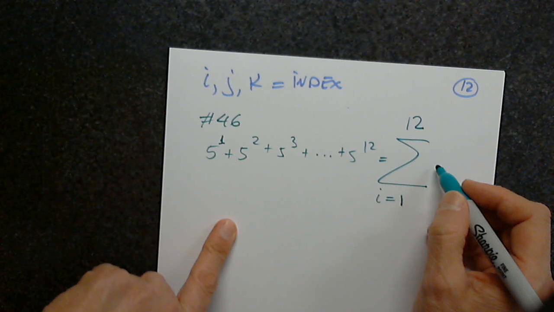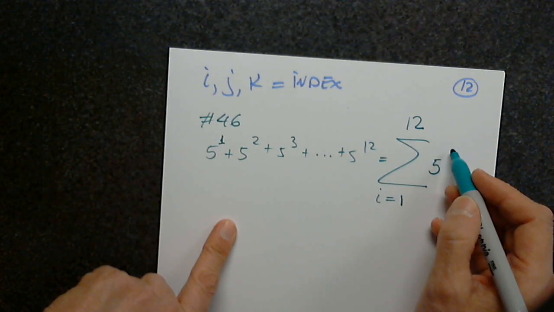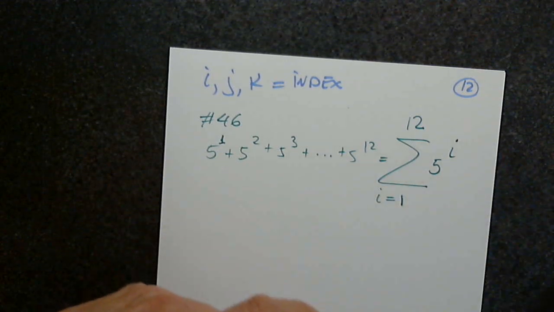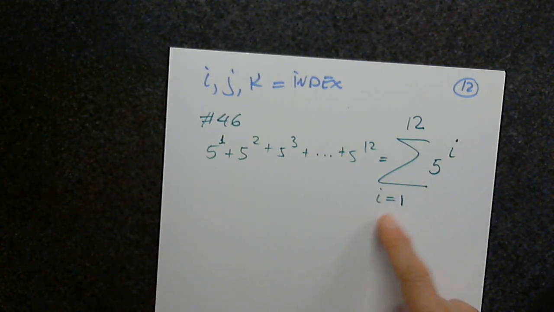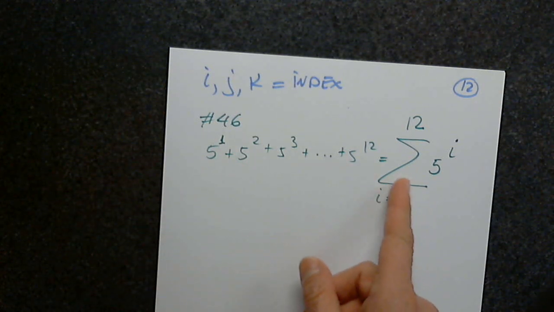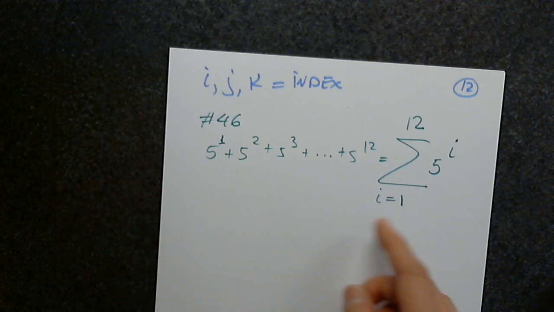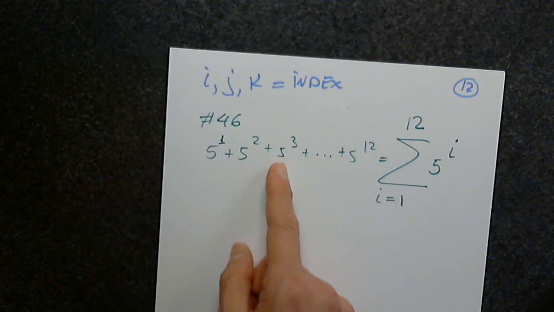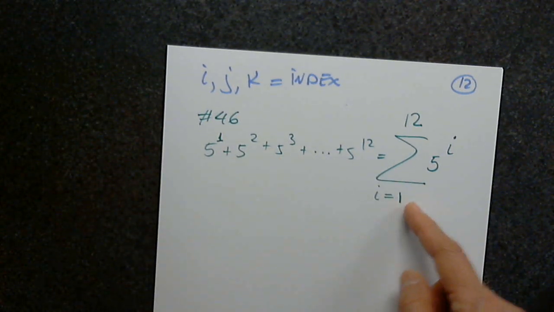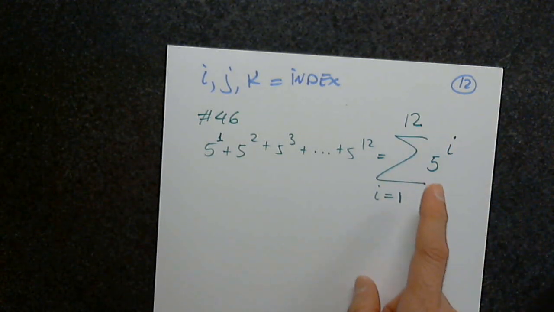And what is the general term, we call it? 5 to the I. So when I is 1, we get 5. Plus, the sum says plus. When I is 2, we get 5 squared. When I is 3, we get 5 cubed. Blah, blah, blah. Till the last term, the upper limit, when I is 12, we get 5 to the 12th power.